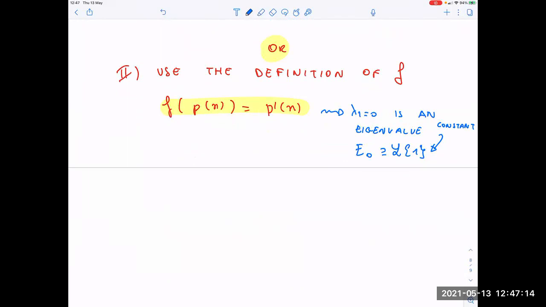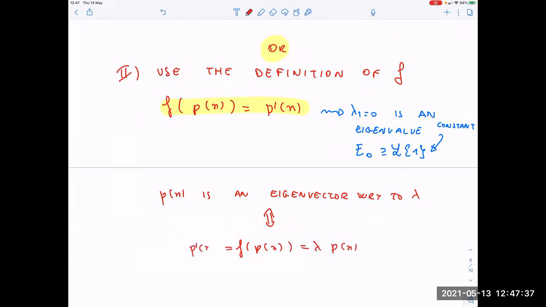Well, what we can do is say that p of x is an eigenvector with respect to lambda if and only if f of p of x is lambda p of x, but this is p prime of x.